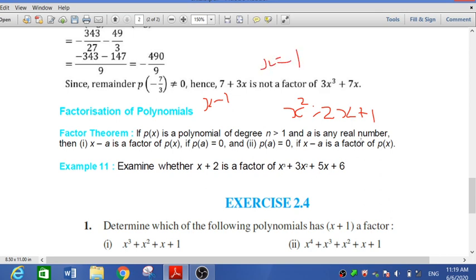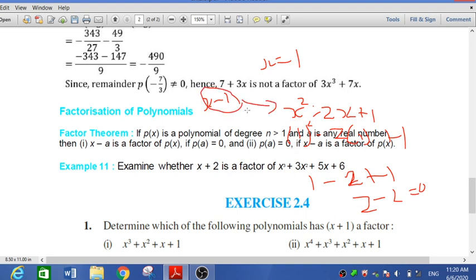So if I put 1, 1 to the power 2 minus 2 into 1 plus 1. So 1 minus 2 plus 1. 1 plus 1, that is 2, minus 2. The answer is 0. So if you get answer 0, I have to say that x minus 1 is a factor of the given polynomial.